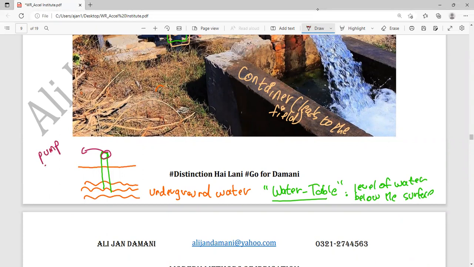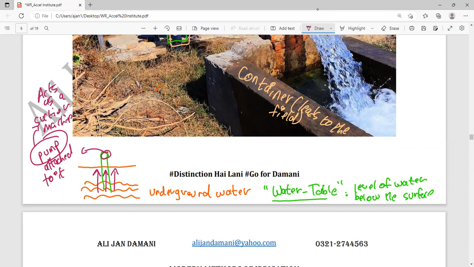Now this pump actually acts as a suction machine. It brings water up. Are you getting my point? It sucks the water up.